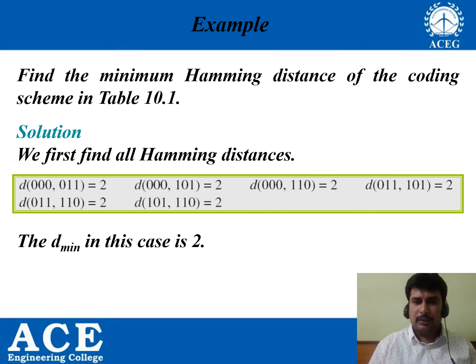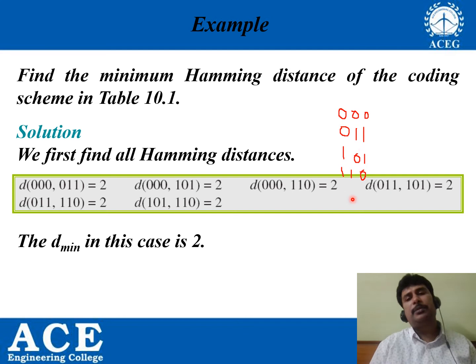Let me put the 4 code words which we have: 0 0 0, 0 1 1, then we have 1 0 1, and 1 1 0. So totally there are 4 code words, and we are trying to determine the minimum Hamming distance.